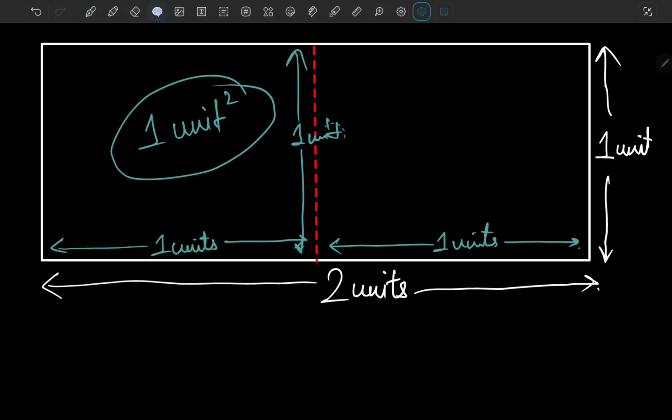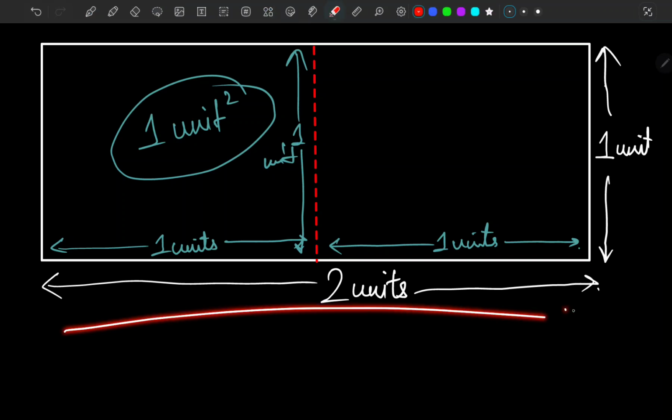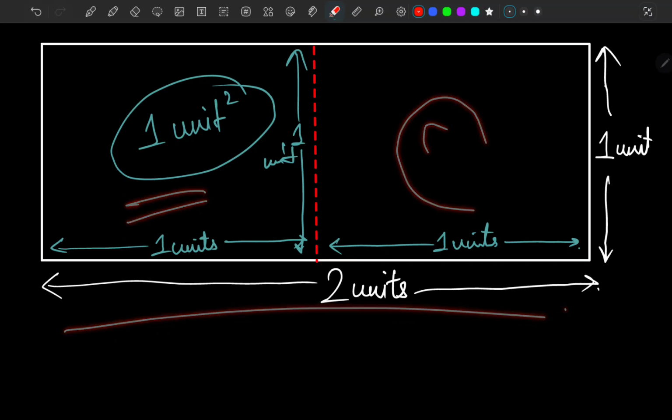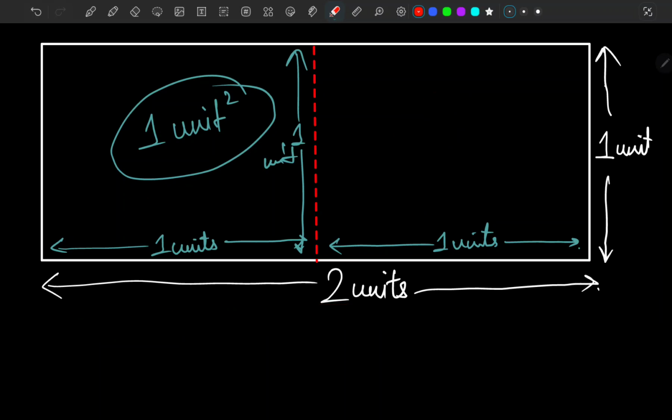We have divided this rectangle equally into two rectangles inside this big rectangle.